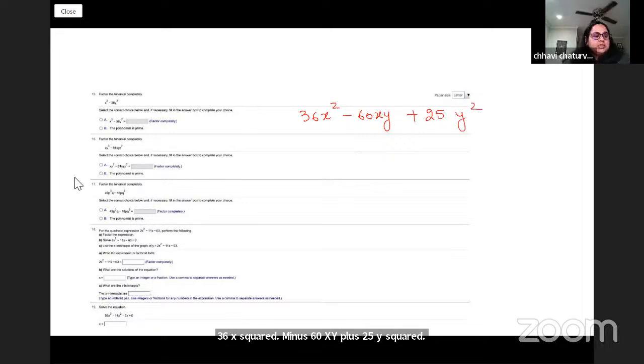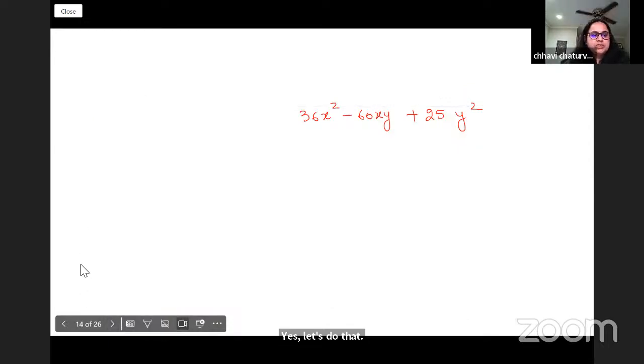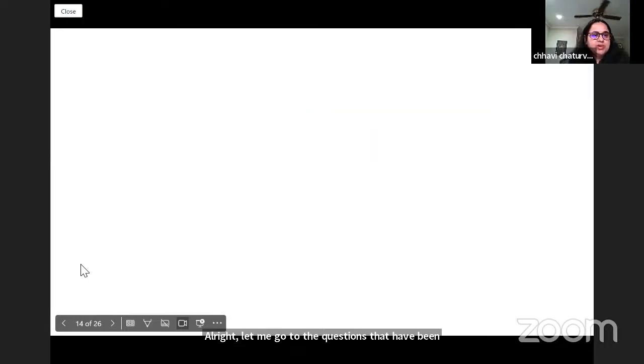All right, I like this question. Can you cover questions that need cubed formulas? And x times (x minus 10) equals negative 16. Yes, let's do that. Let me go to the questions that have been requested first, and then I can do the questions of my choice.